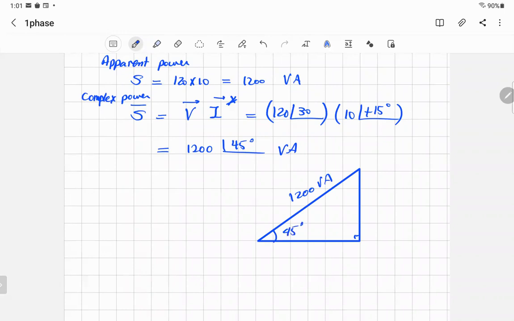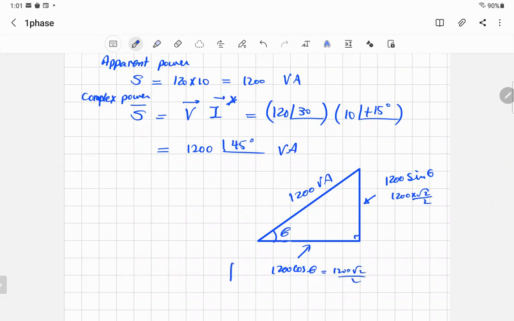If you resolve this apparent power 1200 into horizontal and vertical components, you get 1200 cosine theta, let me call this theta in general, which is equal to 45 in our case. And the vertical component will be 1200 sine theta. In our case, theta is equal to 45, so it means radical 2 over 2, sine and cosine are equal. So you have 1200 times that, and the same thing in our case.